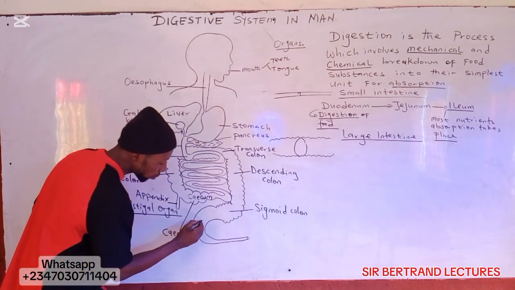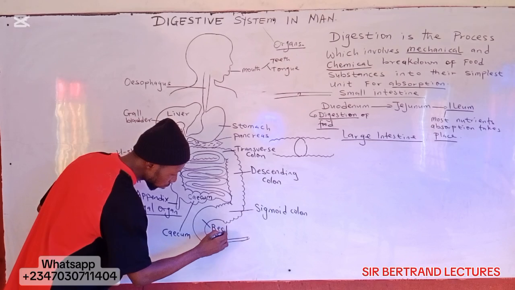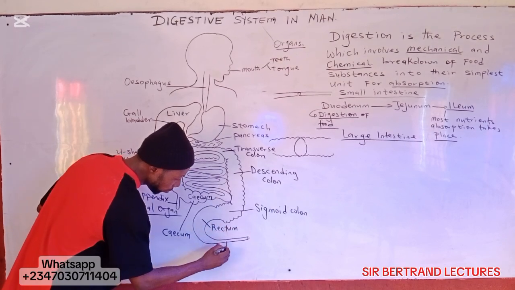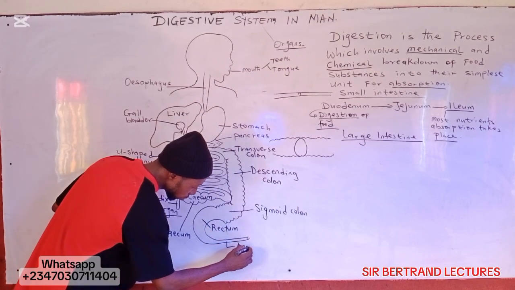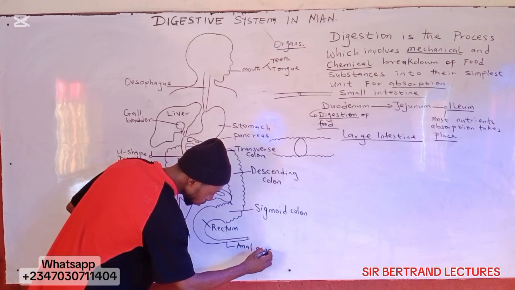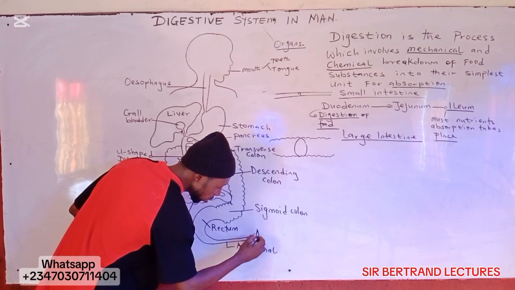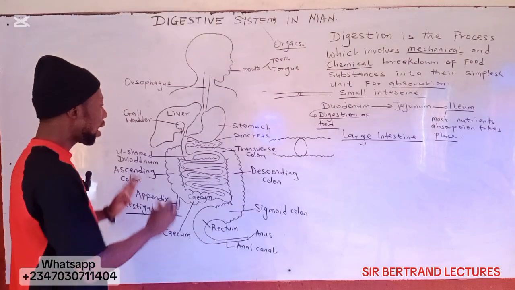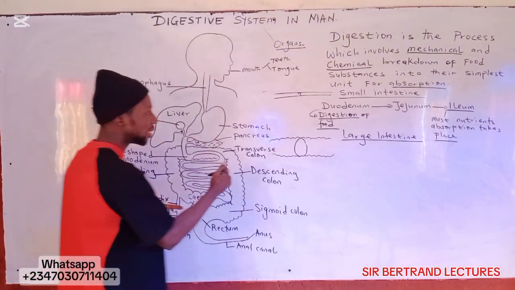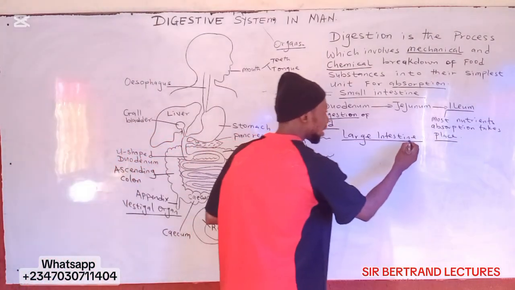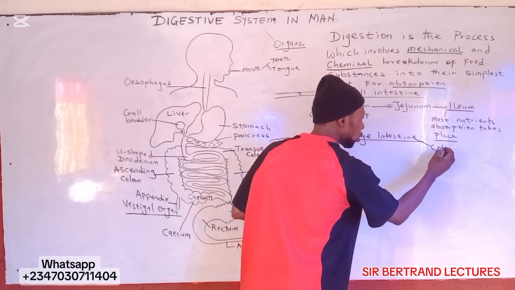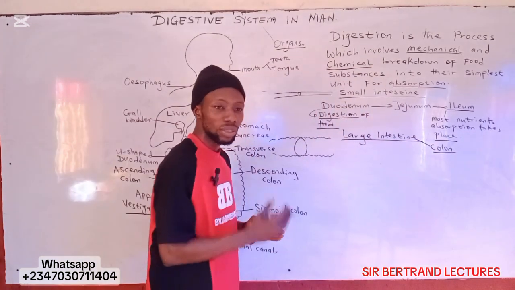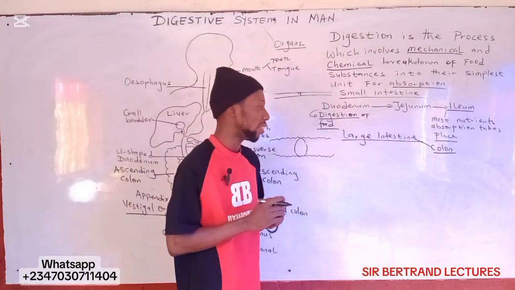Sigmoid colon. Rectum. Anal canal, and anus. Another name for the large intestine is colon. Colon is another name for the large intestine.